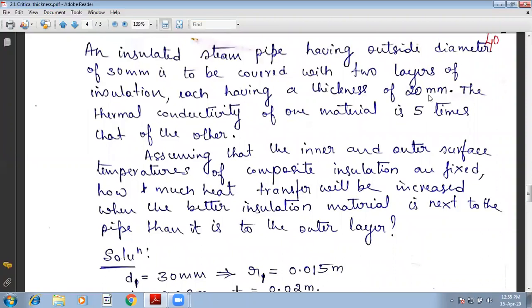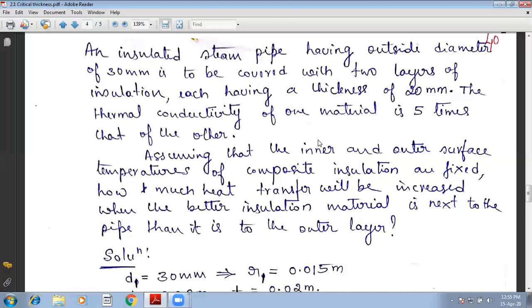If we consider those two materials as A and B, the thermal conductivity of one material is 5 times that of the other. Means if thermal conductivity of first material is K, the thermal conductivity of second material is 5 times K. That is the meaning.